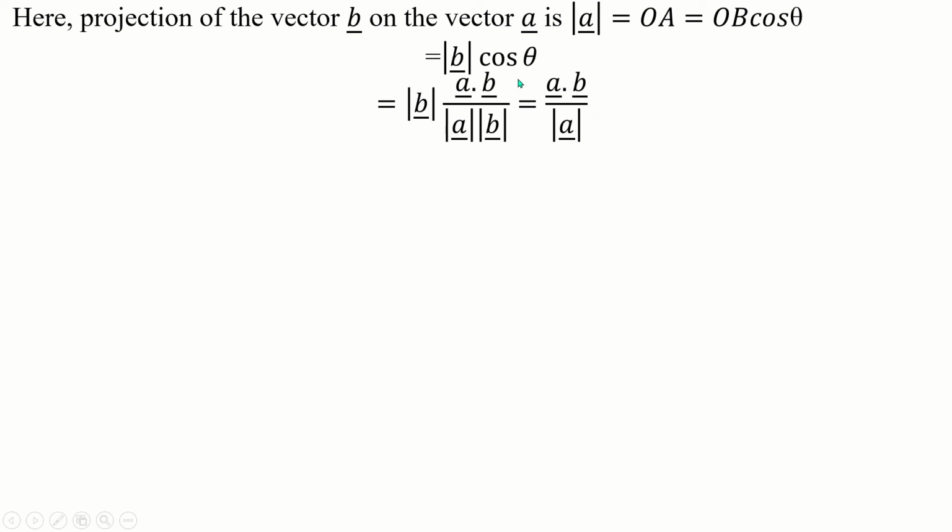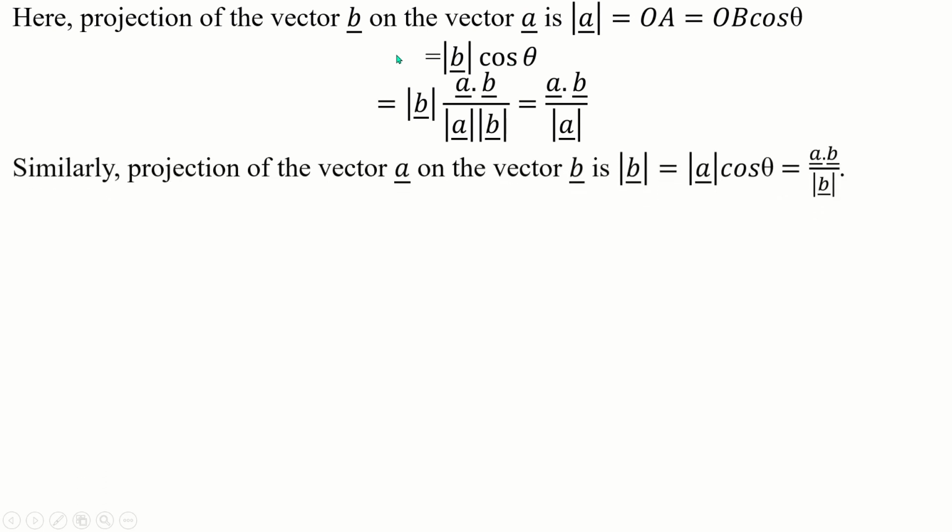Otherwise you have to first find the value of cos theta, then put it in and calculate, which is difficult, and the math will be very large. So we have to remember this formula. That means the projection of B on A equals this, where I have just put in the value of cos theta.